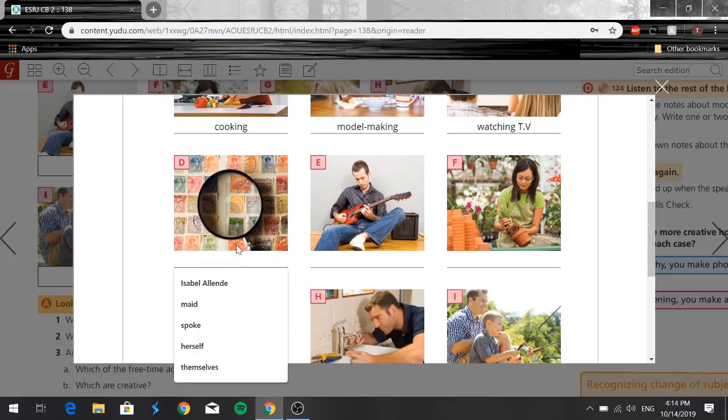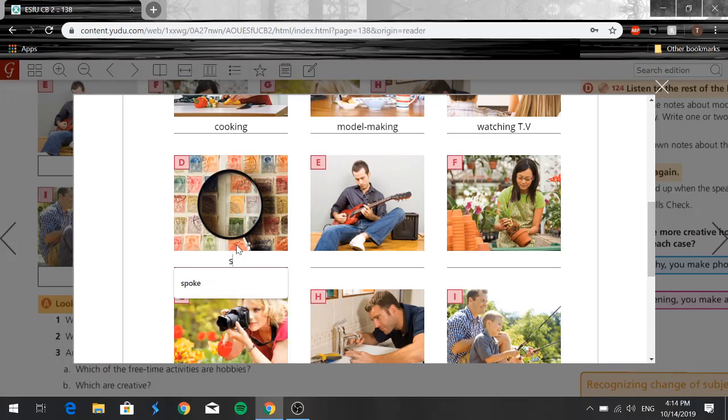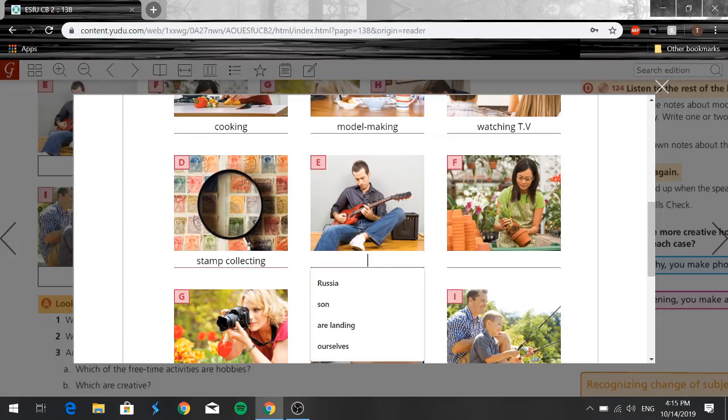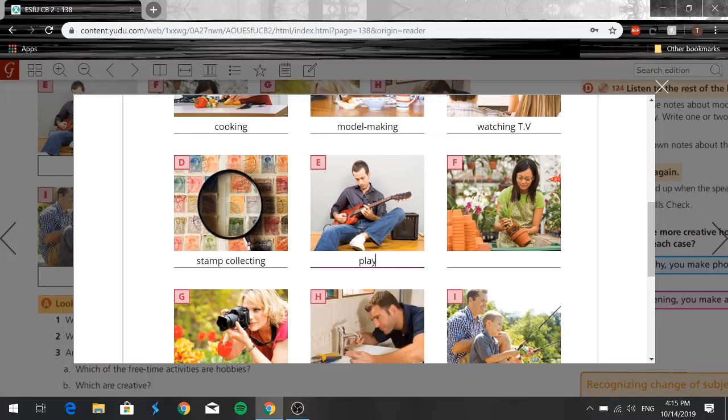And D, I think this is stamp collecting, if I'm not mistaken. So we'll say stamp collecting. And E, the activity is playing a musical instrument or playing guitar. So I'll just say playing guitar.